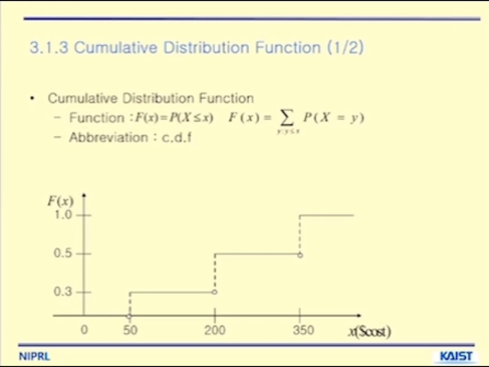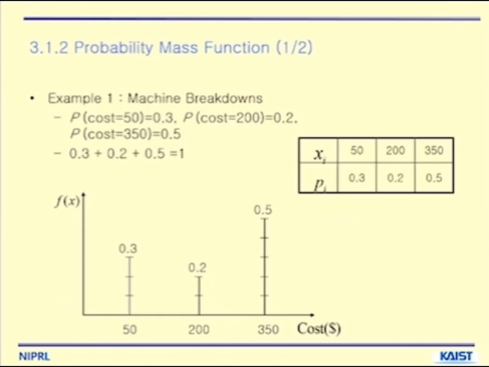I'm going to start my plotting from the lower value in the state space. The lower value in the state space is 50, right? And what is the probability associated with that? That is 0.3, right? Now, when I go to 200, if you go back, I'm going to add up 0.3 and 0.2.